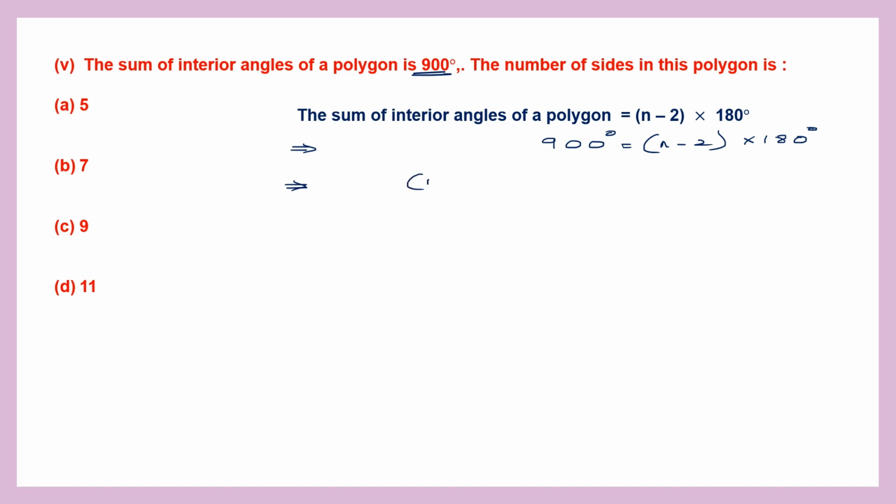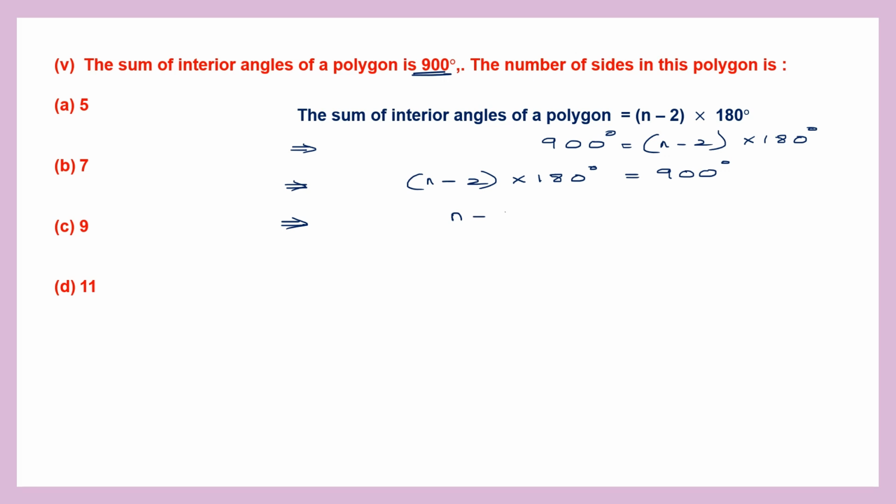So I'm going to say (n minus 2) into 180 degrees is equal to 900 degrees. It's the same thing. I've just interchanged the sides so that I can bring n to the left hand side, which is always easier. So now I'm going to solve for n. This is again a linear equation, so let's do it that way.